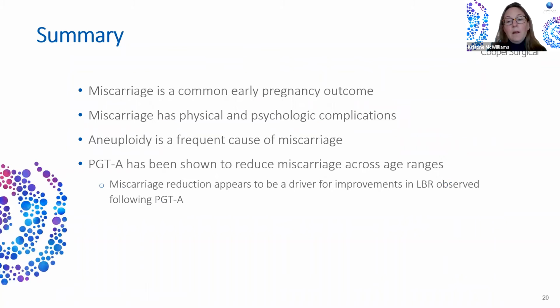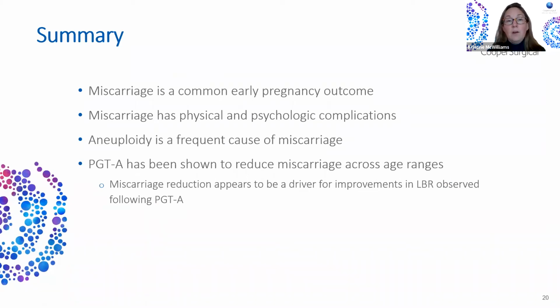In summary, we've discussed today that miscarriage is a very common early pregnancy outcome. It has significant and very common psychological and physical complications. It's frequently caused by aneuploidy, and PGTA, which detects aneuploidy in pre-implantation embryos, has been shown by several studies to reduce miscarriage across age ranges.